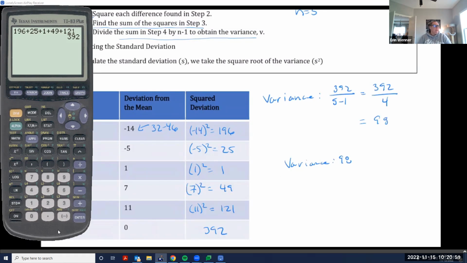And so in order to actually get an idea of this data, we then want to calculate the standard deviation. To calculate the standard deviation, we take the square root of the variance.